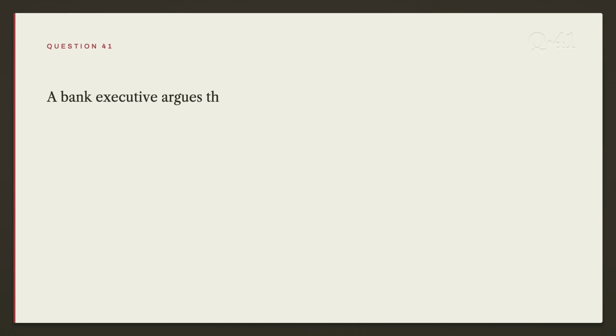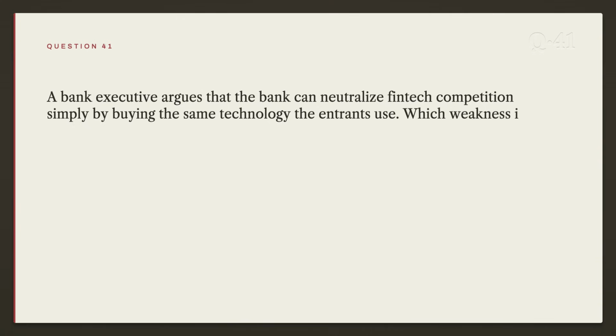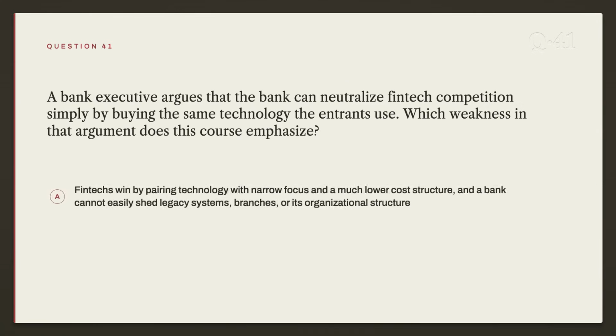Question 41. A bank executive argues that the bank can neutralize fintech competition simply by buying the same technology the entrants use. Which weakness in that argument does this course emphasize? Your options are: A. Fintechs win by pairing technology with narrow focus and a much lower cost structure, and a bank cannot easily shed legacy systems, branches, or its organizational structure.